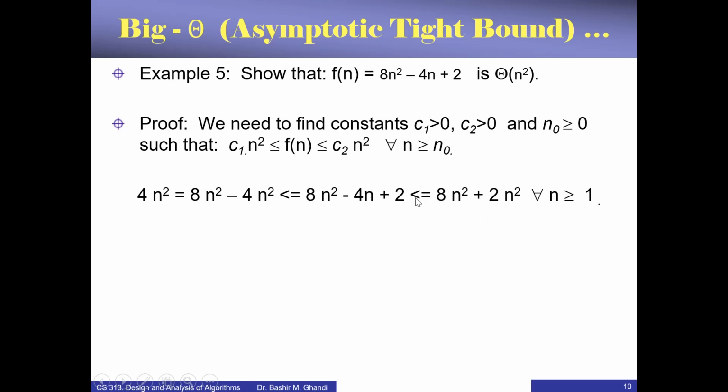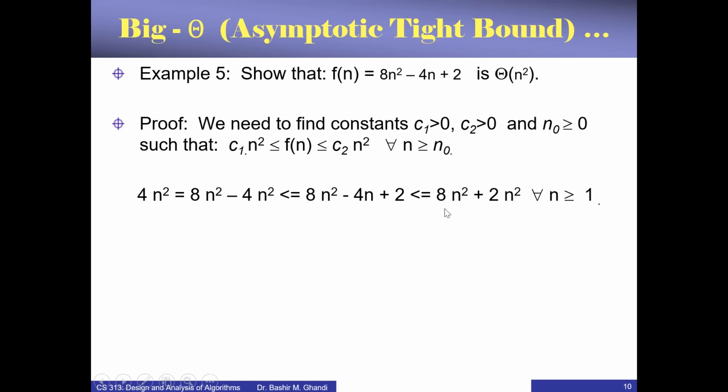So 8n squared is definitely bigger than 8n squared minus 4n. And then 2n squared is definitely going to be bigger than the 2 alone. So if you add these two terms, they will definitely be bigger or equal to our function. So with this, this is true for all n greater than or equal to 1.